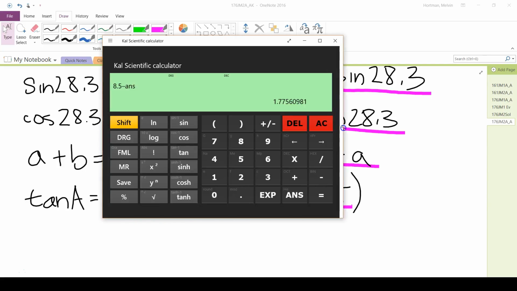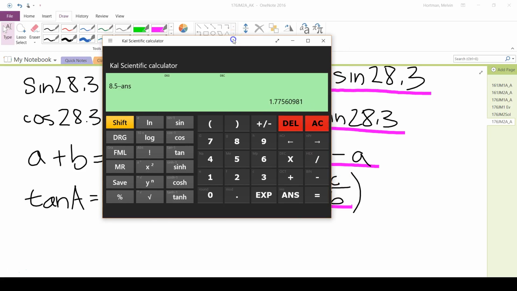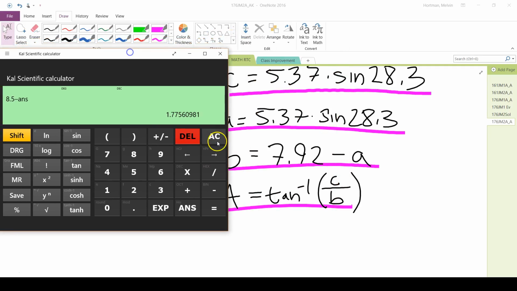Let's see if we can make that work. Alright, so sine of 28.3 times 5.37 equals that.